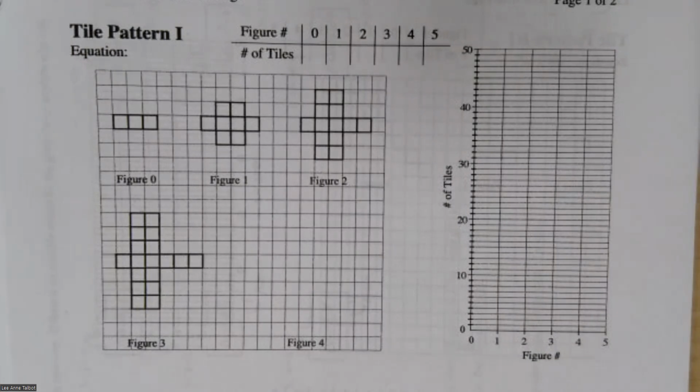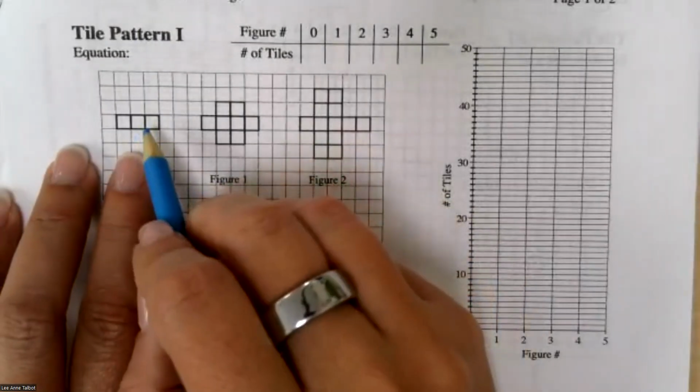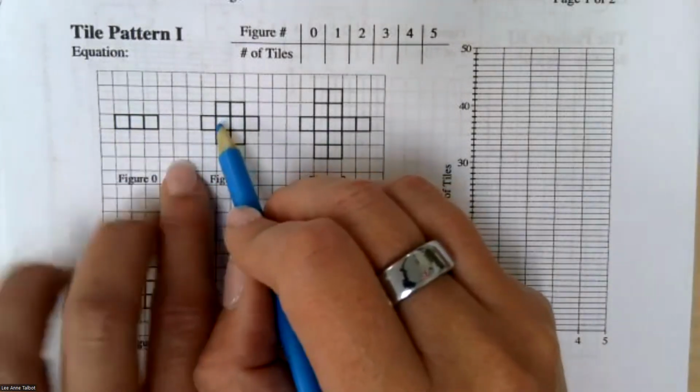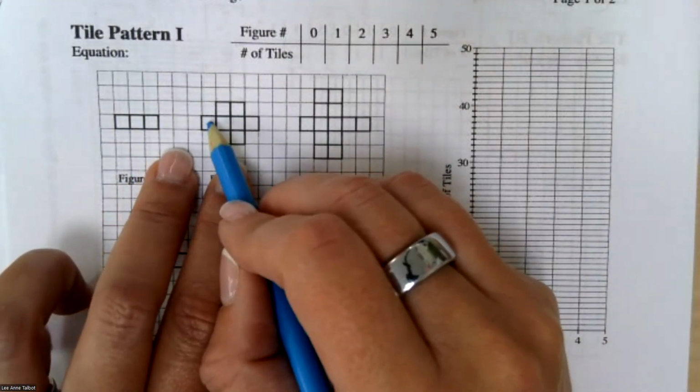All right, so what I want to do is take a colored pencil and shade only the new tiles in each figure. So if this one has 3, I'm going to say that it's these 3 here.